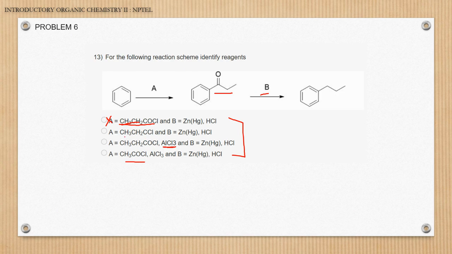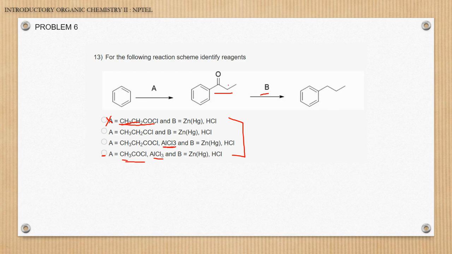In the second option also, there is no Lewis acid, which would let the acyl cation get generated. Only in C and D have they added the Lewis acid. If we consider D, you will generate an acyl cation containing only a methyl group.